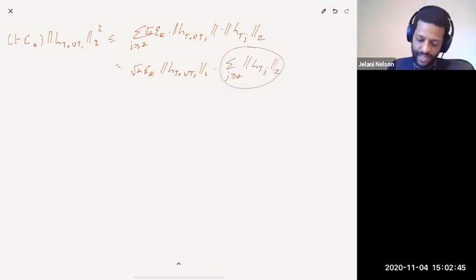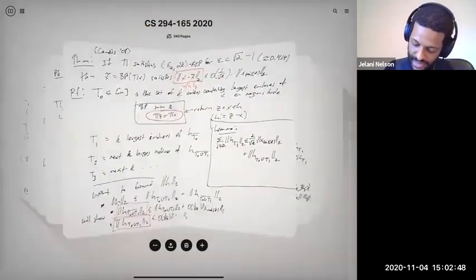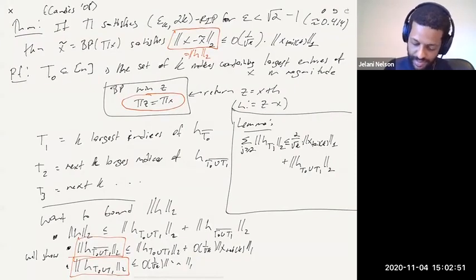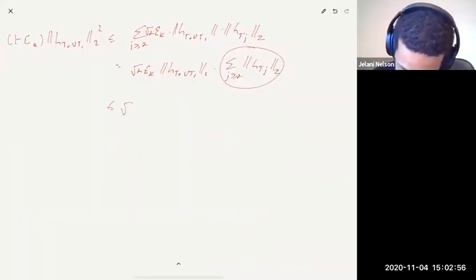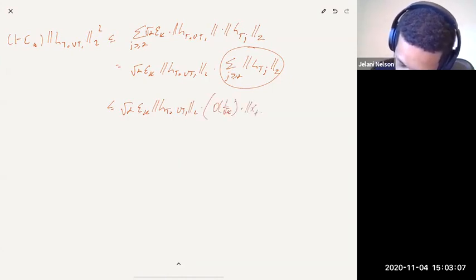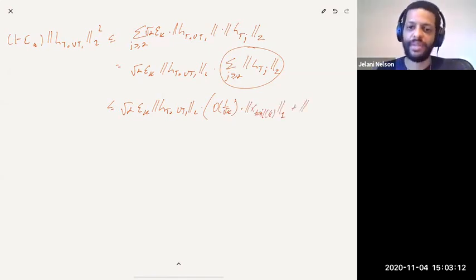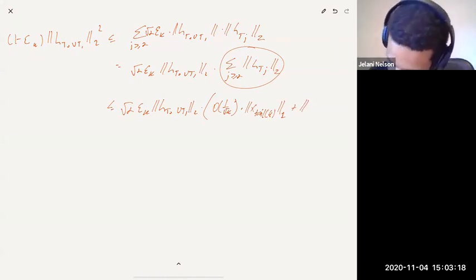And this is exactly that lemma again, right? That lemma says if you have the sum of the norm of htj, it's bounded. So you just apply the lemma. This is at most root 2 epsilon k, the norm of ht0 union T1, L2 norm times O of 1 over root k times the L1 norm of the tail plus the other thing, which is ht0 union T1 L2 norm.